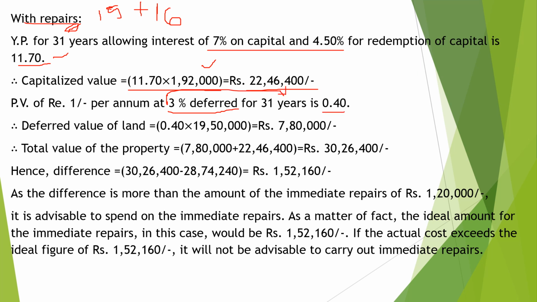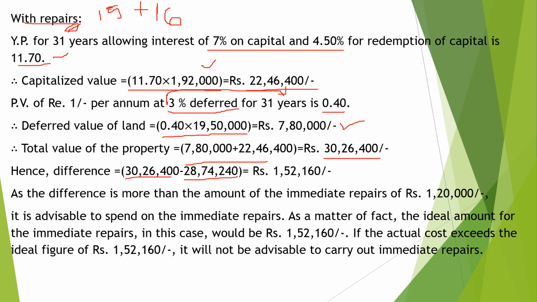So the deferred value of the land will be 0.4 into 19 lakh 50,000, 7 lakh 80,000 will be the value of the land. So the total value of the property is 22 lakh 46,400 plus 7 lakh 80,000. So the value is 30 lakh 26,400. So see here, in the first case the value was 28 lakh 74,000 approximately, and now the value comes out to be 30 lakh 26,000.